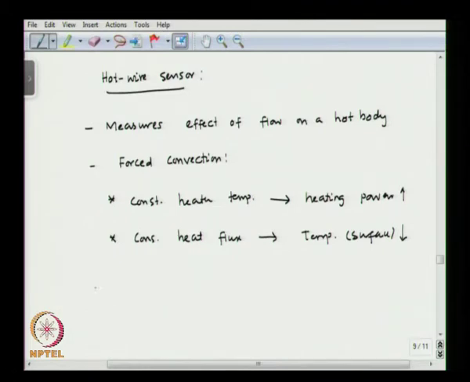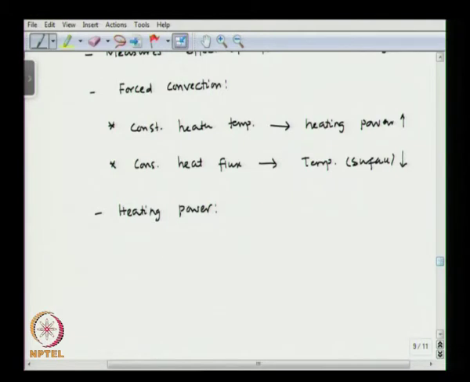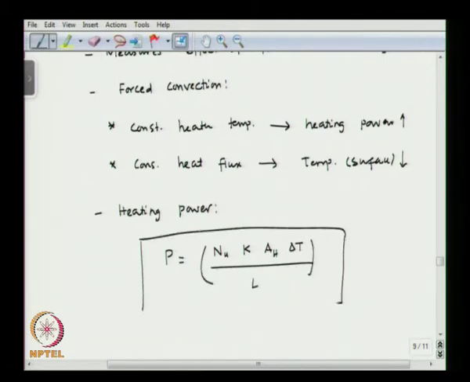So, the heating power can be expressed as: heating power P is Nusselt number into conductivity into area of the heater into delta T divided by L. Okay. So, this is Nusselt number, this is thermal conductivity, and this is the characteristic length scale.